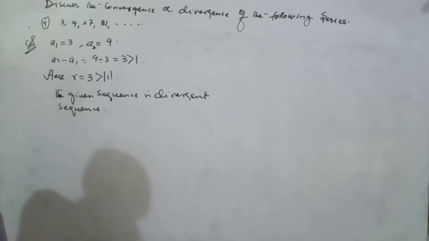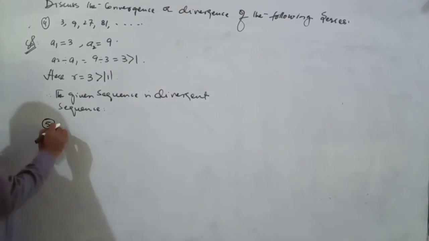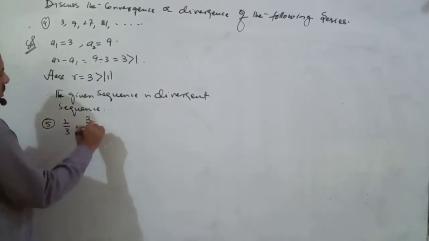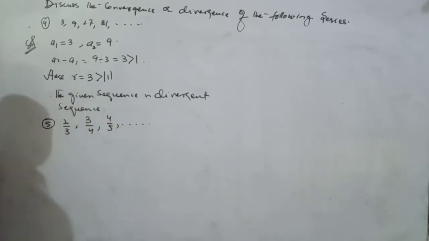Okay. Next is number 5. 2 upon 3, 3 upon 4, 4 upon 5, etc. Solution.